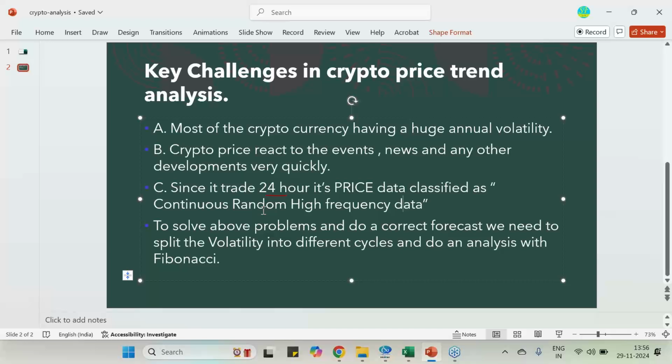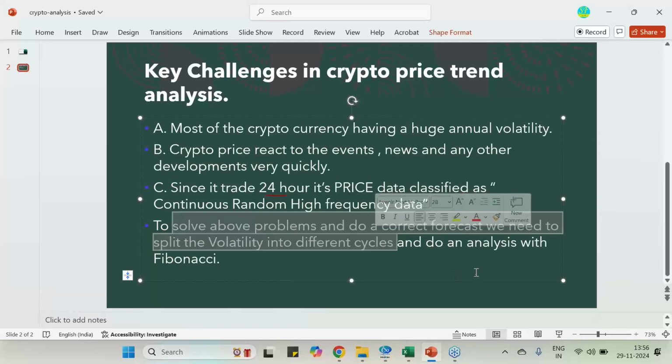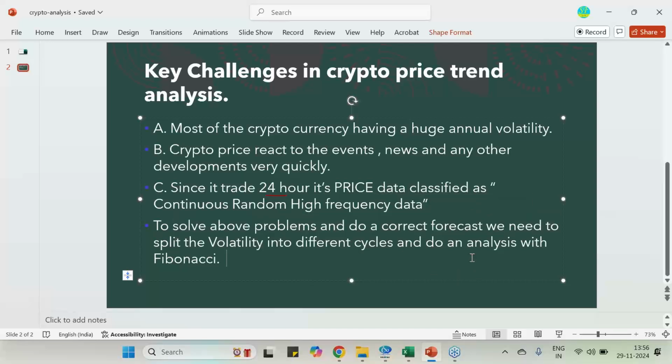The data points will never end; they will continue. To solve all these problems, we need to correct those forecasting methods, and we need to split the volatility into different cycles. Only then can we use the Fibonacci method along with that. That is what we are going to do.